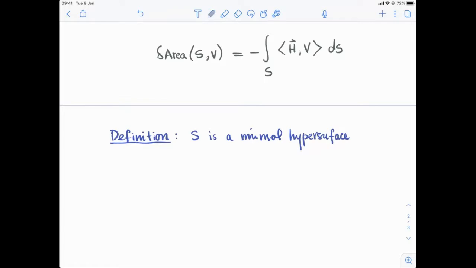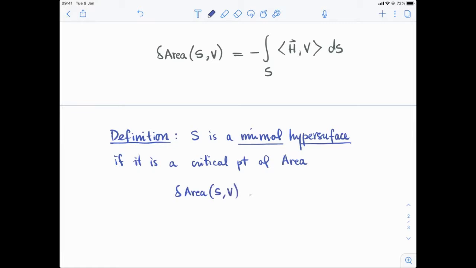So we say that S is a minimal hypersurface if it is a critical point of area, and this means that the derivative of the area of S in the direction of any vector field is 0. So this is a normal vector field.